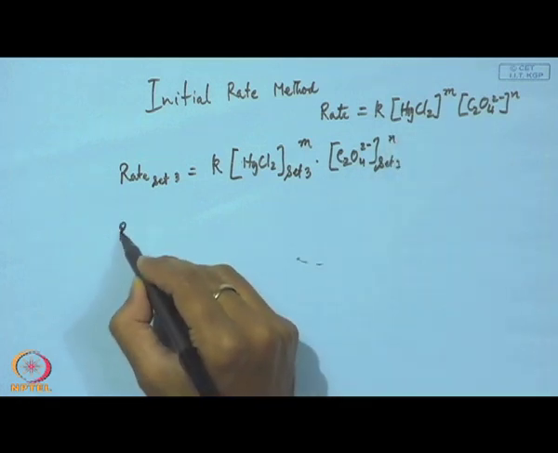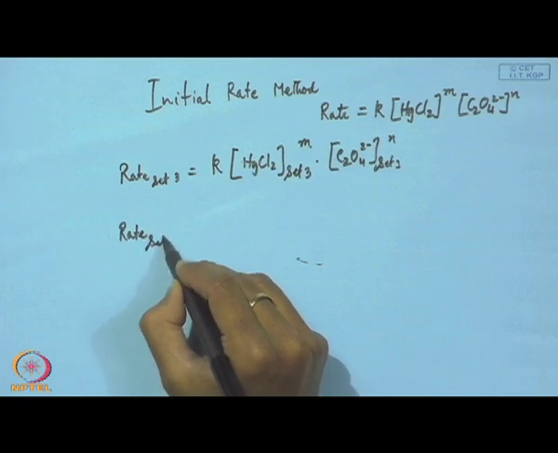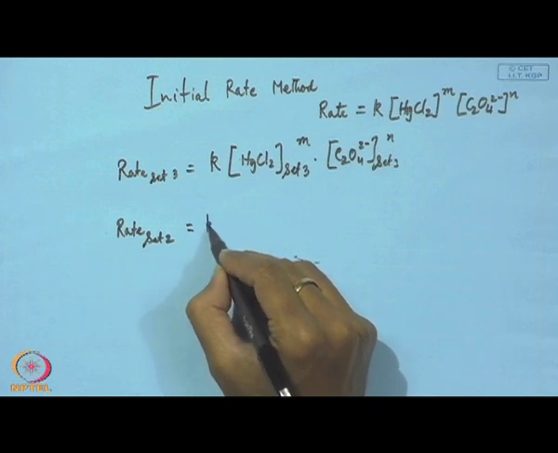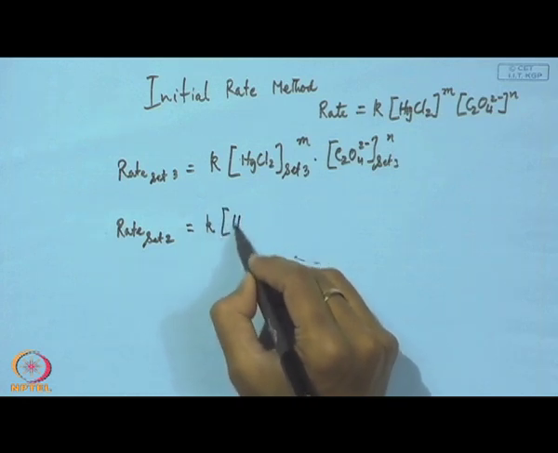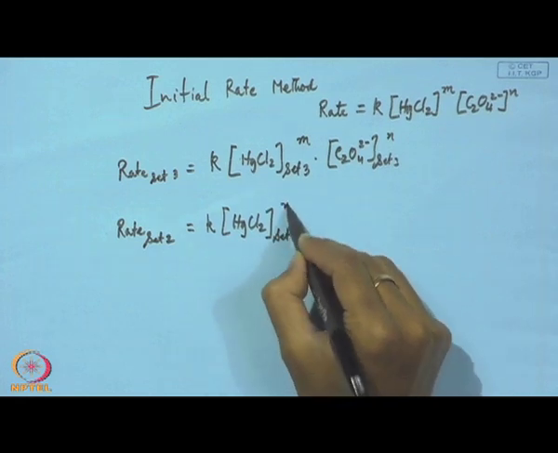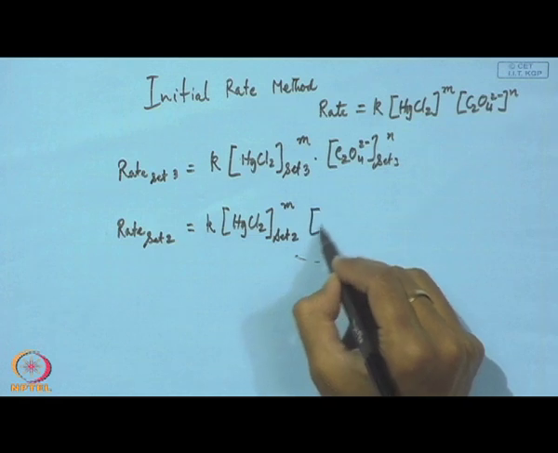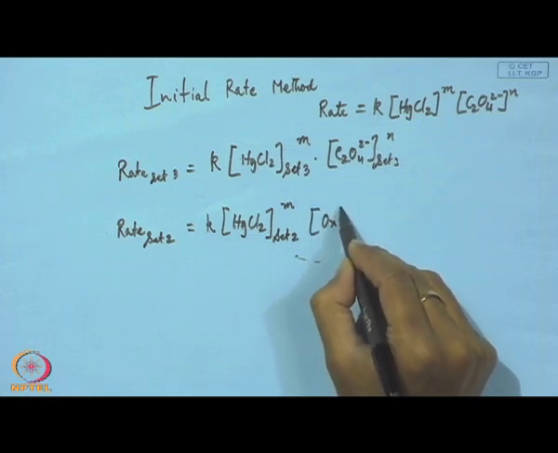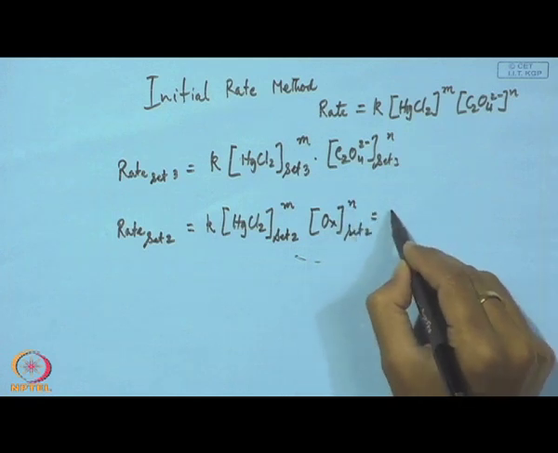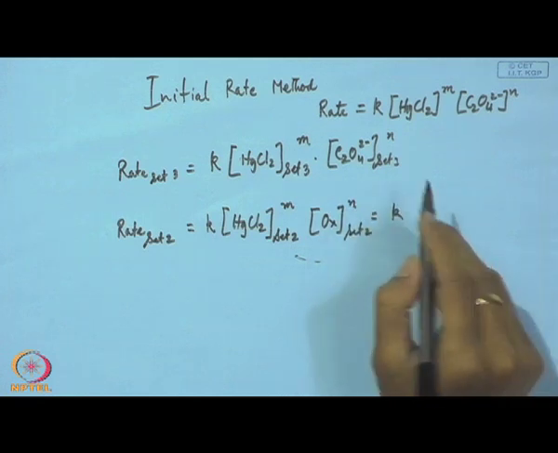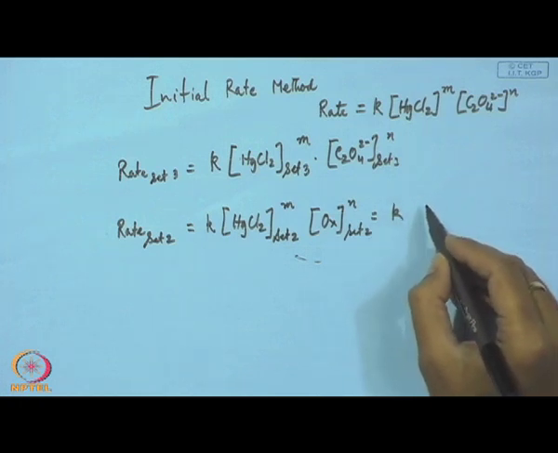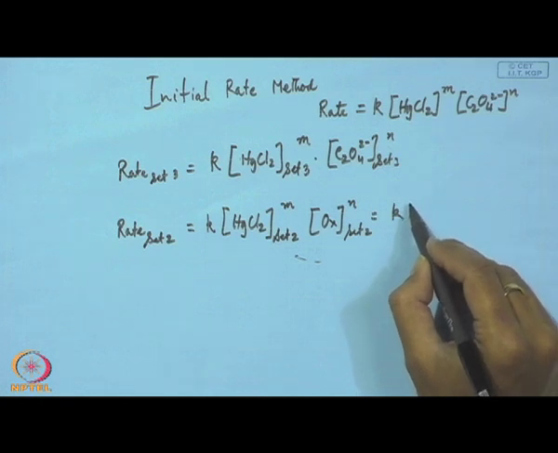For set 2, rate set 2 is equal to again K, the same rate constant, HgCl2 set 2 to the power m, then oxalate set 2 to the power n. Now we will use information about different compositions and compare their relative proportion.